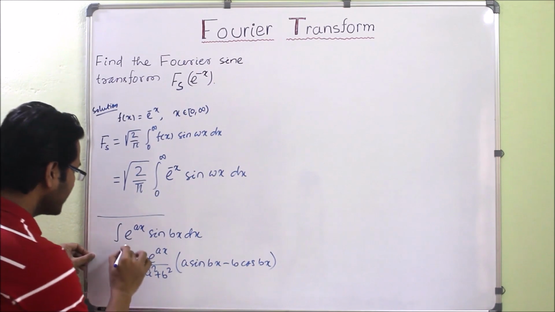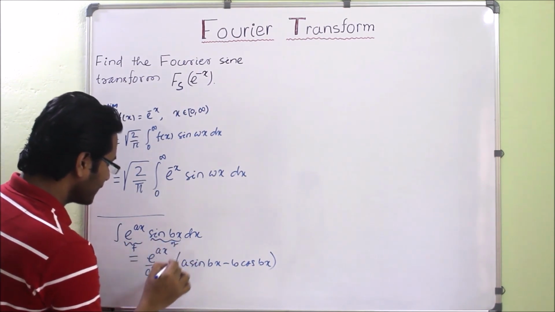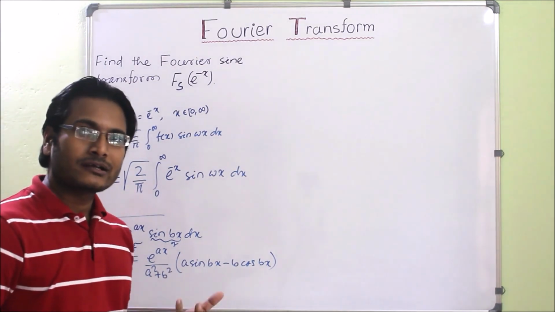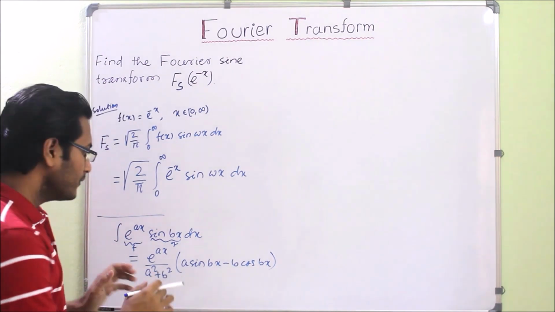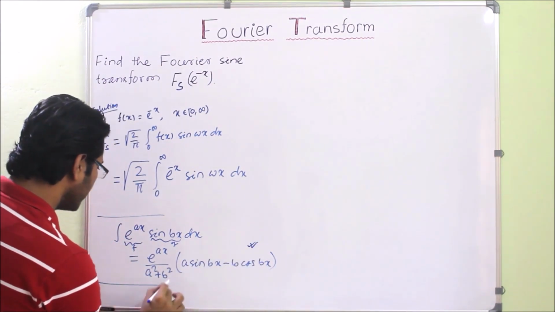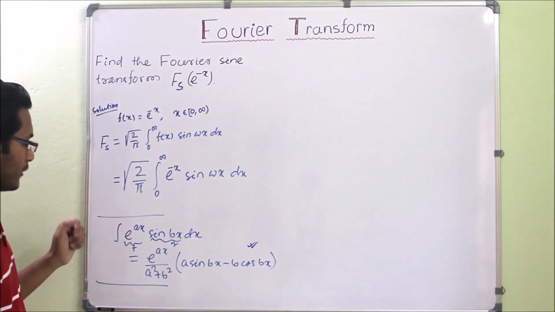How does this formula come? If you take this one function, this another function, then apply the integration by parts formula and derive, you will get this formula. So this formula we have to use here. Now how to use it here, we have to see.